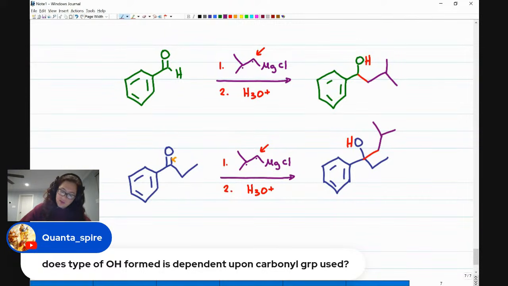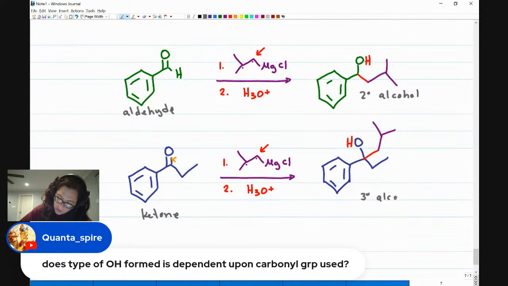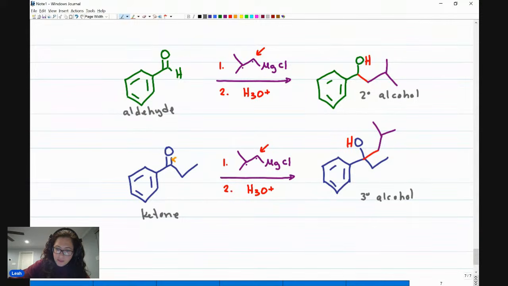So notice that for the one I started here, I started with an aldehyde plus a Grignard, which gave me a secondary alcohol. When I started with a ketone and attacked it with a Grignard, I got a tertiary alcohol because I started more substituted and therefore the product is also more substituted. Okay, really good question. Let me know if that helps.